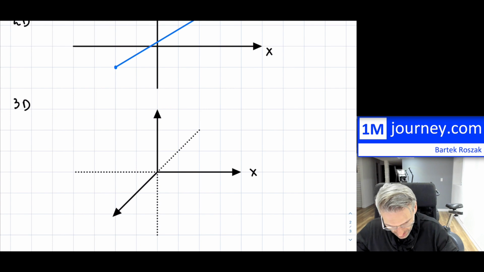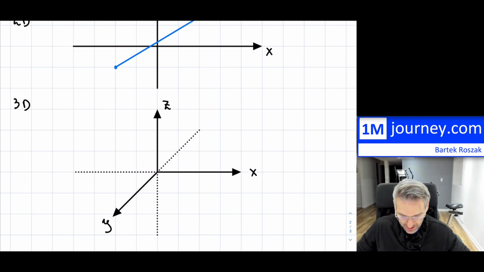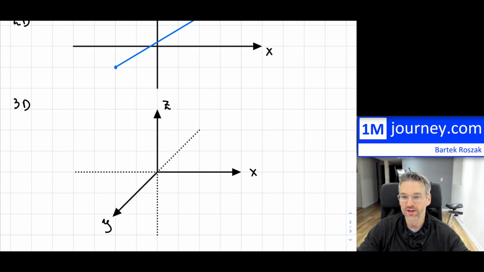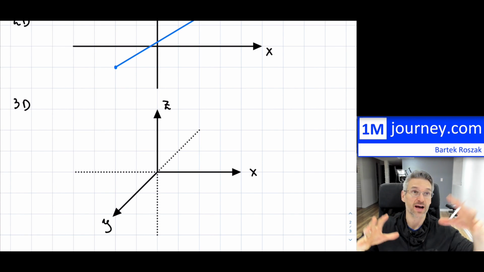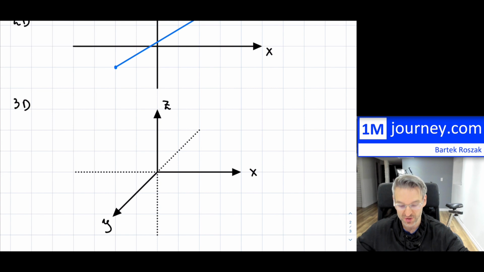So maybe this is your x, I'm going to label this as y, and maybe this is a z. So these are just 1-dimensional number lines, and I have crossed them so they're at 90 degrees to each other. And I have created a 3-dimensional space around us, which we can now map things onto.